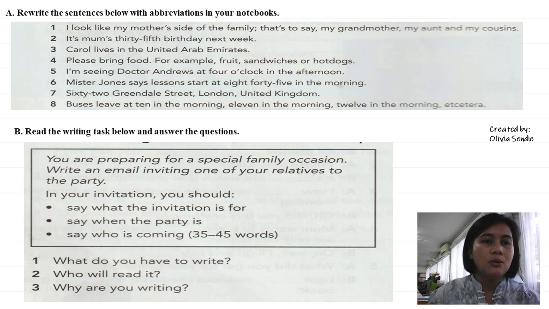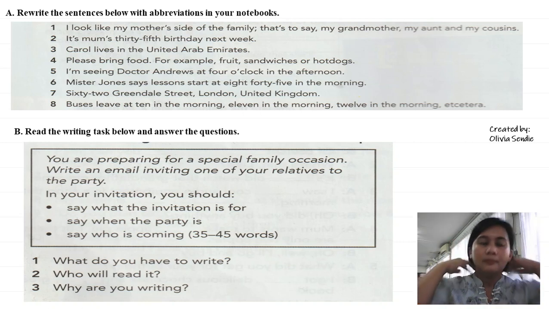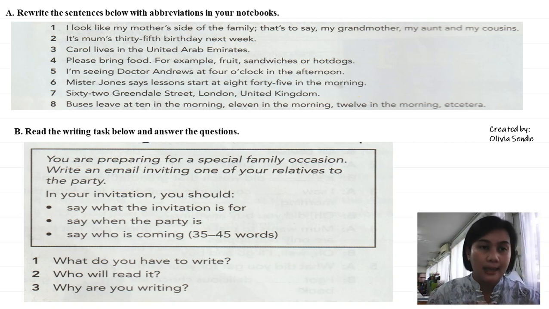Okay, and now you go to B. Read the writing task below and answer the questions. Read the writing task. You don't have to copy the extract. Okay, read. Okay, you are preparing for a special family occasion. Write an email inviting one of your relatives to the party.